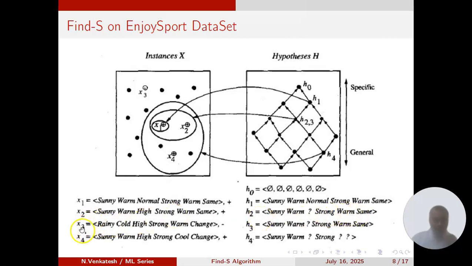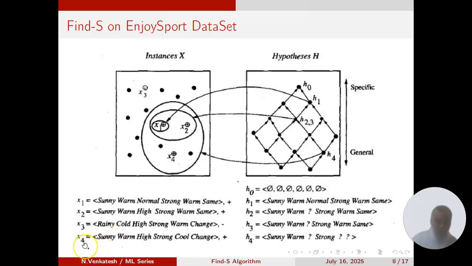For example x3, which is a negative example, it is skipped, so we get the same hypothesis for H3. Now consider the training example x4 as a positive example. The hypothesis H3 does not cover x4. The reason is here the water condition is cool and the forecast is change, whereas the hypothesis is expecting the water condition should be warm and the forecast same.